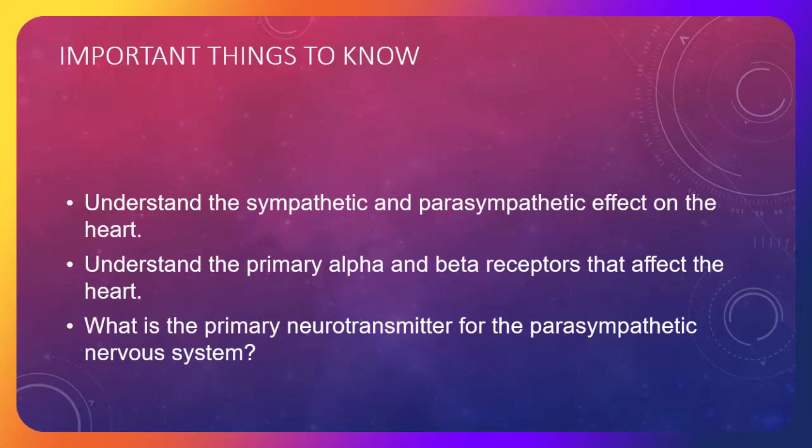Alpha 1 is the one for the blood vessels. The beta receptors we find in multiple places, but certain beta receptors are in the heart and others are in the lungs. We have the beta 1 in our one heart, and we have the beta 2 in our two lungs.